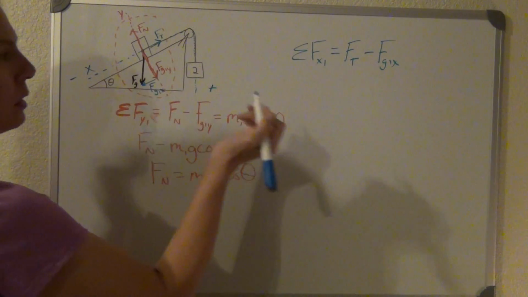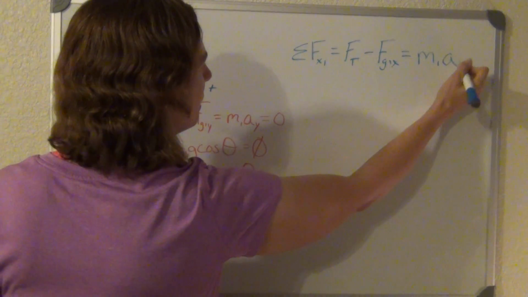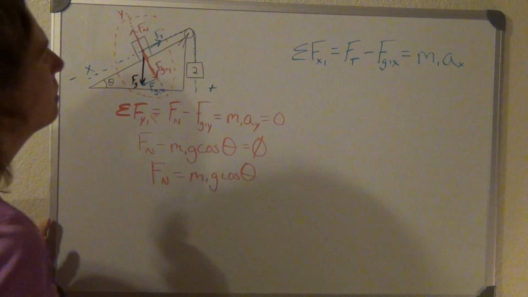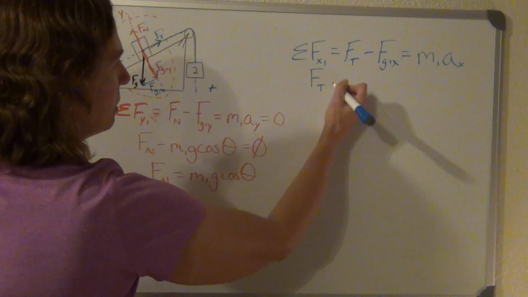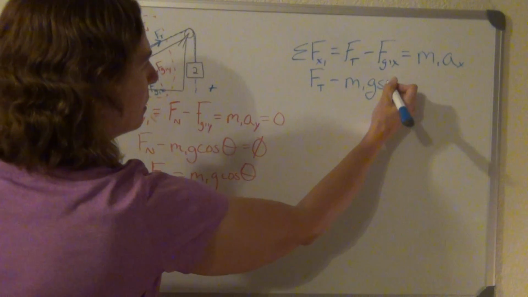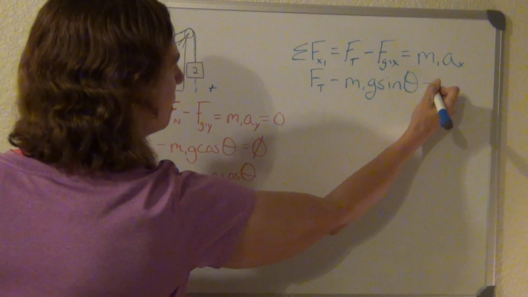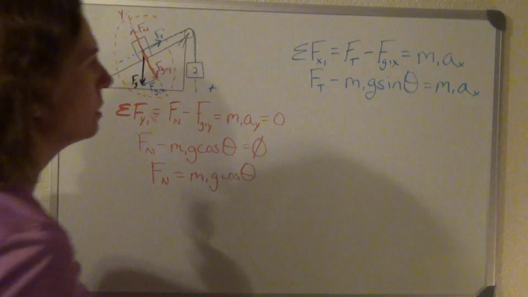Nothing else is acting on it because we don't have force of friction, equals m1 acceleration in the x direction. We don't know our force of tension. We can substitute in for that: m1g sine theta equals m1 acceleration in the x direction.